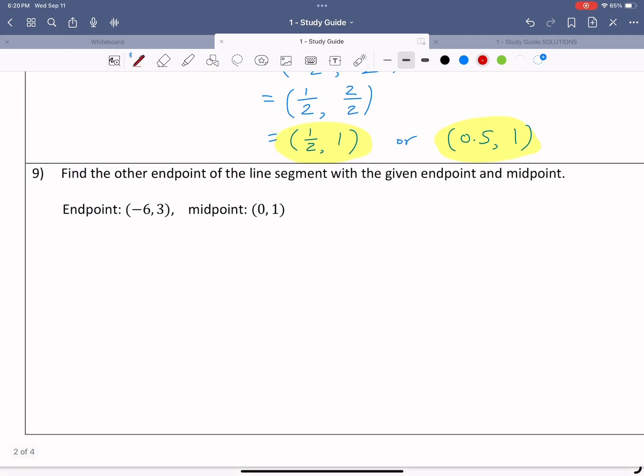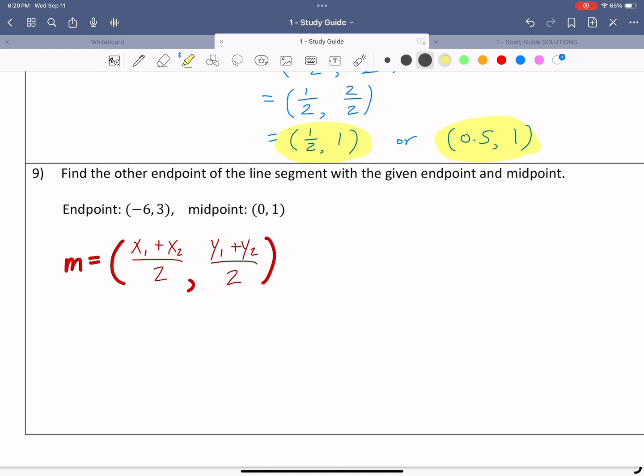Okay, find the other endpoint of the line segment with the given endpoint and midpoint. Okay, this one is a little bit different. Again, you can skip this one if I've given you permission in class. The midpoint formula, remember, is going to be x1 plus x2 divided by 2, y1 plus y2 divided by 2.